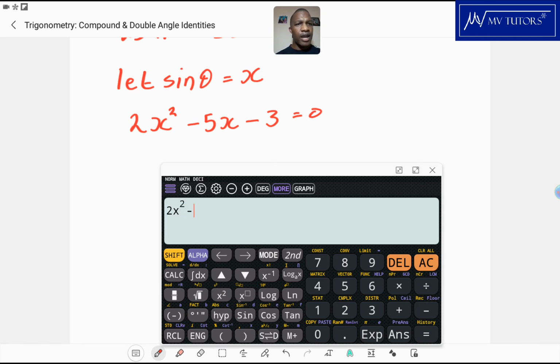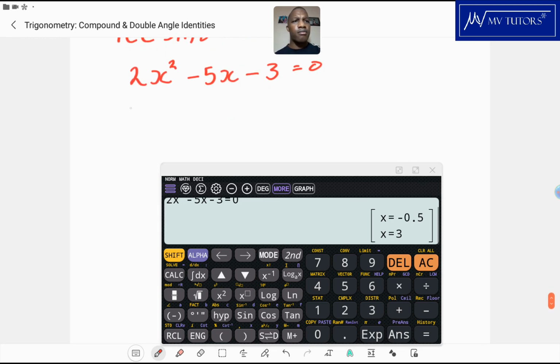Then I have a minus 5, and then I need an x again, minus 3, and then an equal sign. It's over there, it's purple. It equals 0. Then I need to solve. I go shift solve. So now I know that x is equal to minus 0.5, but also x is equal to 3.